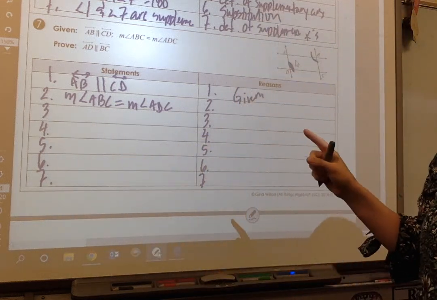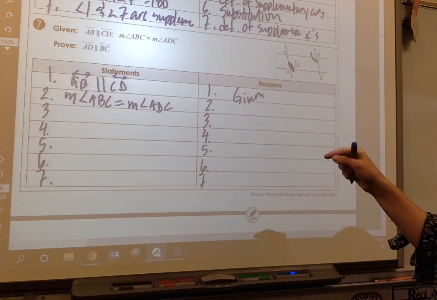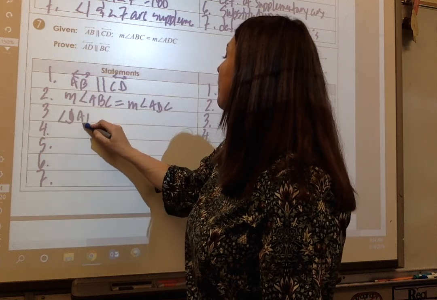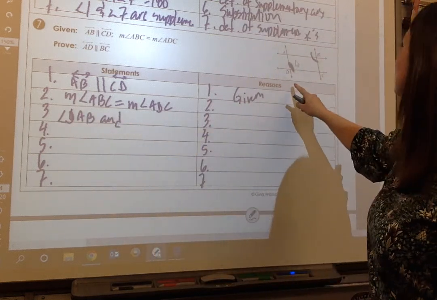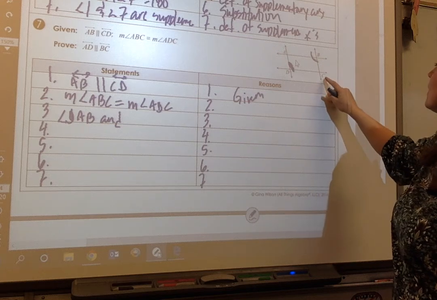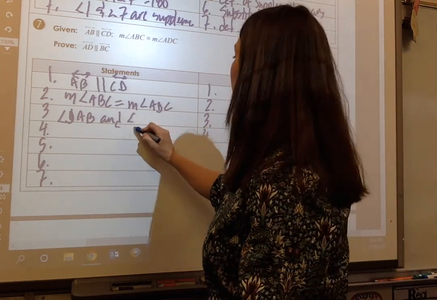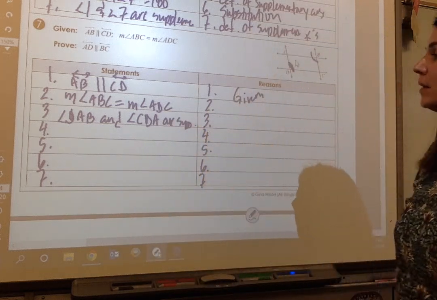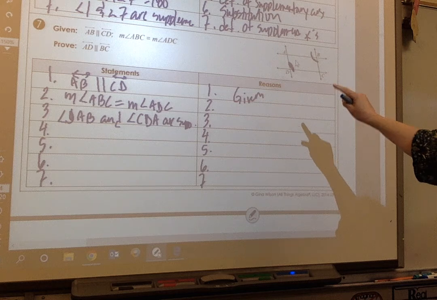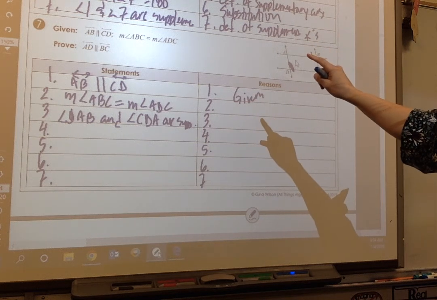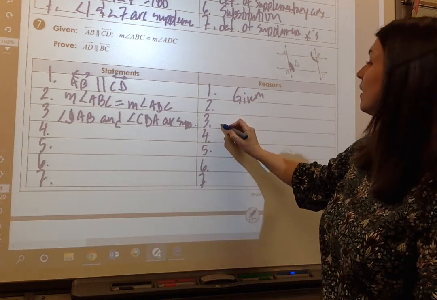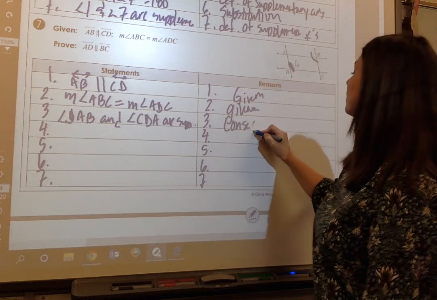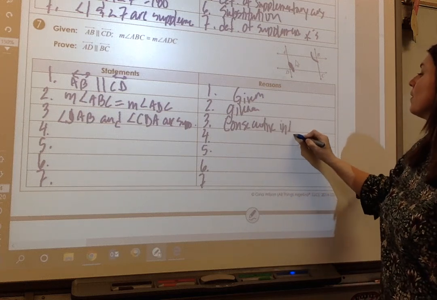I'm going to say that DAB and CDA are supplementary, and that's consecutive interior angles.